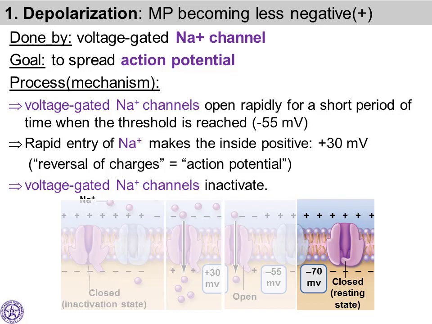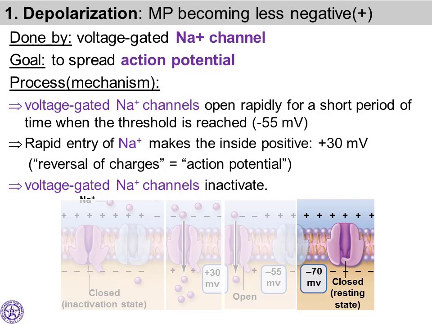As soon as it opens, it inactivates. And when the sodium voltage gated channel is inactivated, sodium cannot go through it. It has the same function as if it were closed, but it's doing it in a different way. Principally because the voltage gated channel can't open and reset to the closed position as fast as it can be open and inactivate.